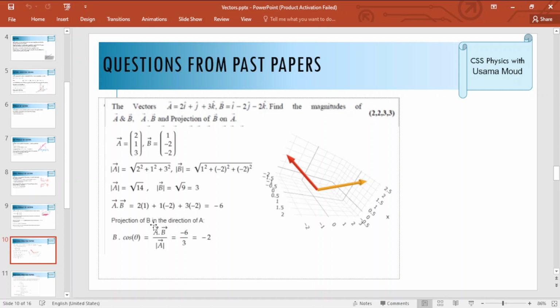Now, the projection of B in the direction of A. For example, if this is our vector A and this is our vector B, the projection of B in the direction of A can be considered like this. Let us extend this vector A over here.